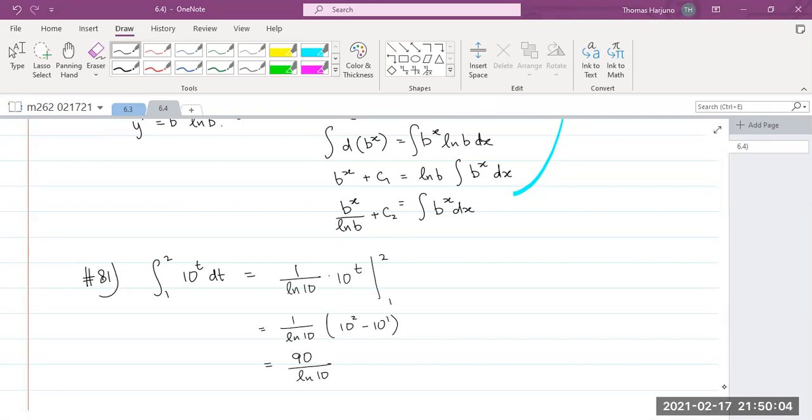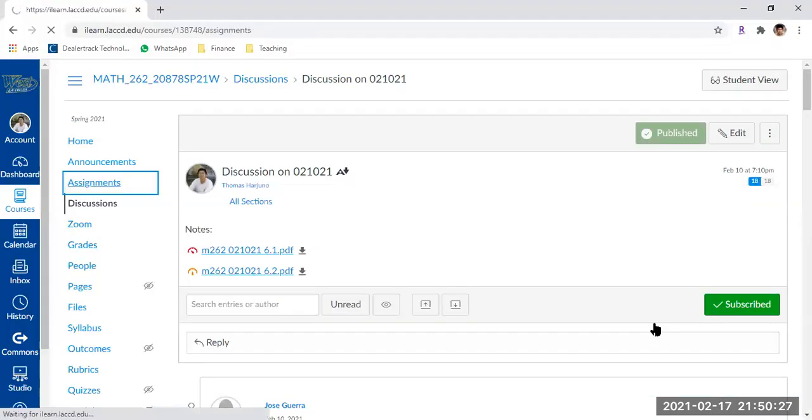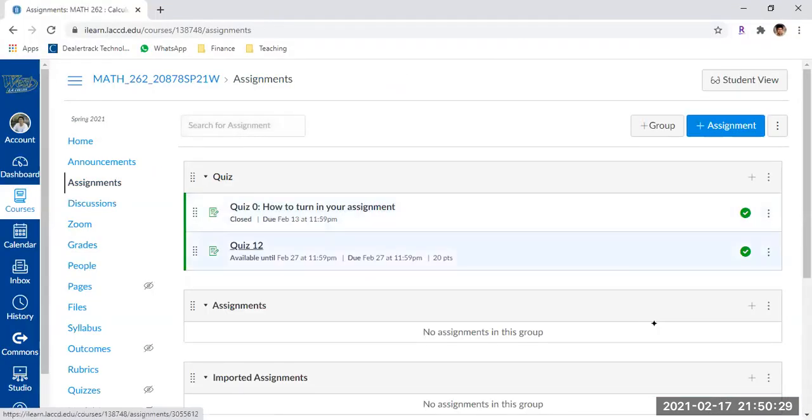Now, I would like to do something that you have not seen before, but it will speed up your computation by big time. Do you know that we have a quiz due next week, next Saturday? You always need to check that assignment part. It's under the assignments tab. You have quiz 1, 2, right?